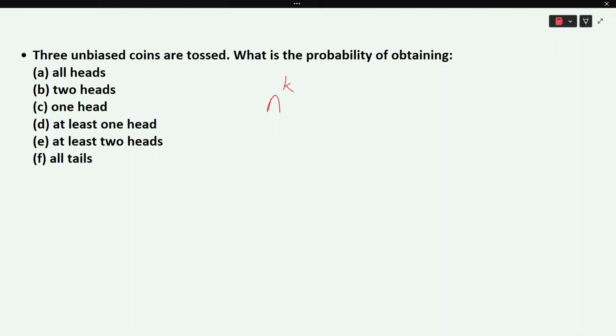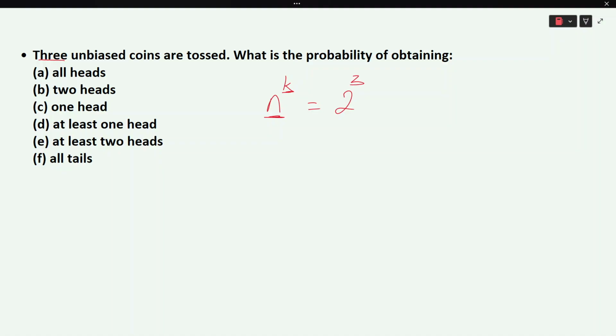When you toss a coin once, you know that you are getting what? Two outcomes, head or tail. And k is the number of repetitions, the number of times you are doing the trial. So if you have 2 outcomes by tossing a coin, then you toss 3 coins.